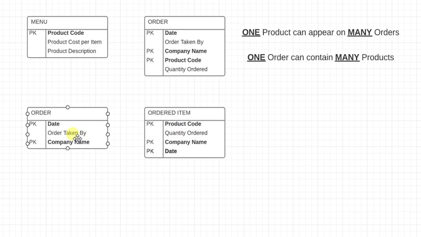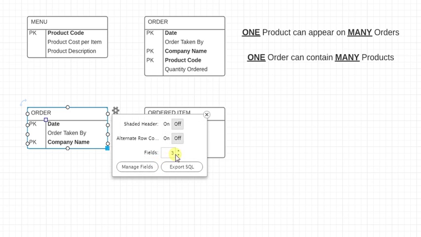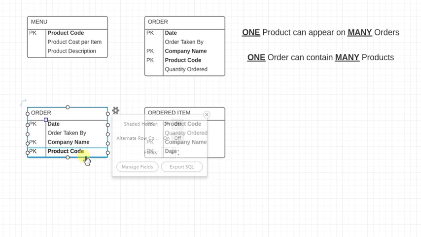Now the other way I could do that is by adding another field in here and calling it the order code and making that the primary key.